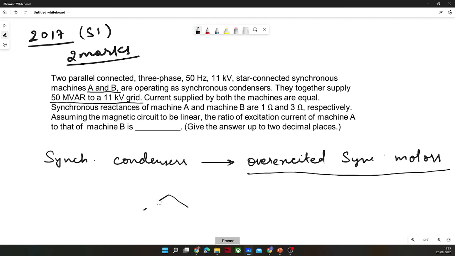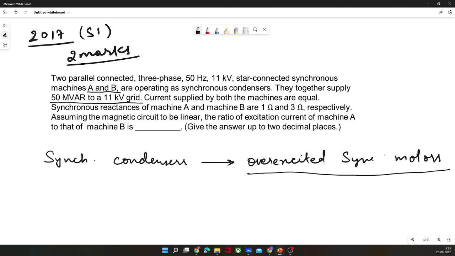What do you think, sir? I think synchronous condenser will provide leading reactive power, sir, to compensate lagging reactive power in the grid or some load. Okay, then I will go back and check this if you say so. I may be wrong, it's not a big deal.